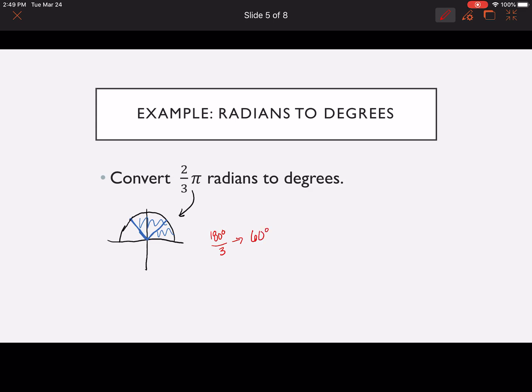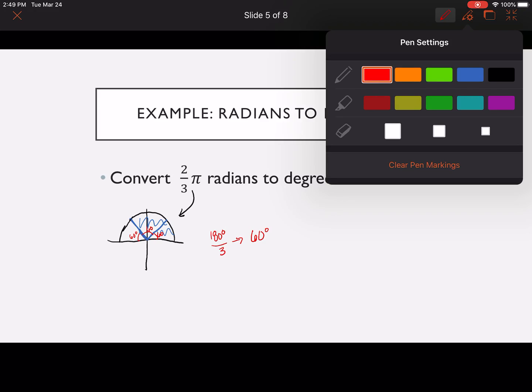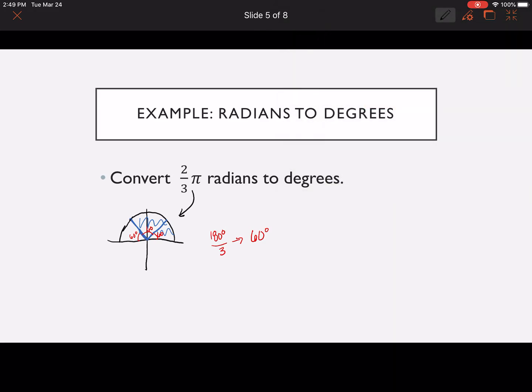Each of those pieces is 60 degrees. So that's 60 degrees, that's 60 degrees, and this is another 60 degrees. So if we only have 2 of those 3 pieces, what that really means is converting this into degrees. 2 pi thirds is equal to 60 plus 60 degrees, those two little pieces, or 120 degrees.